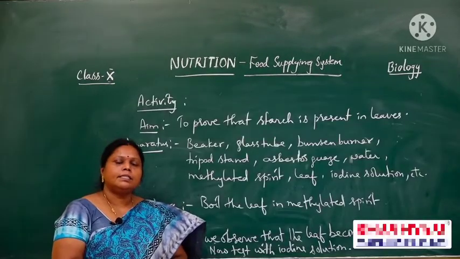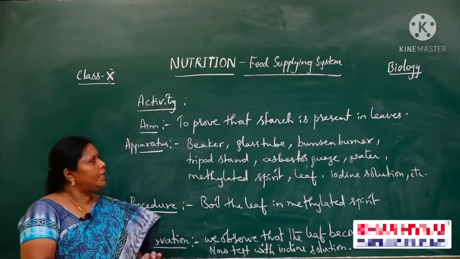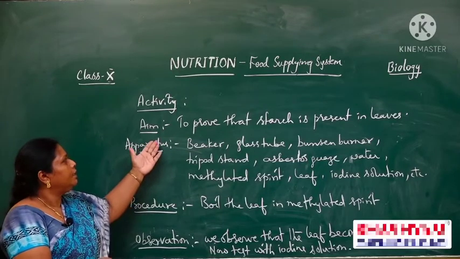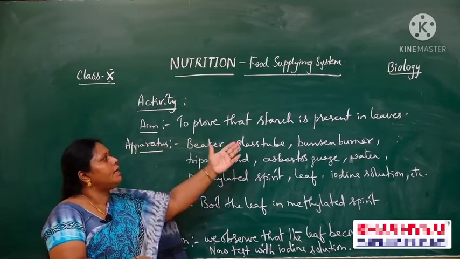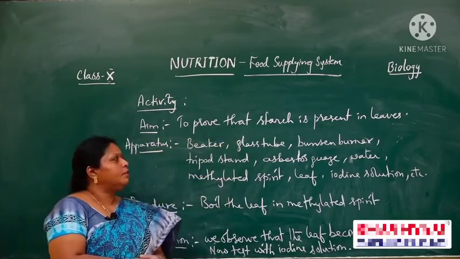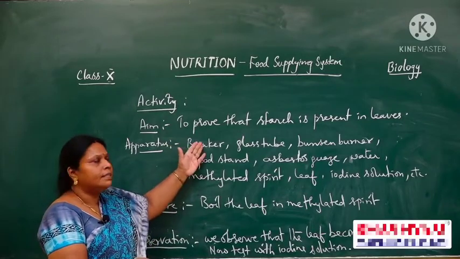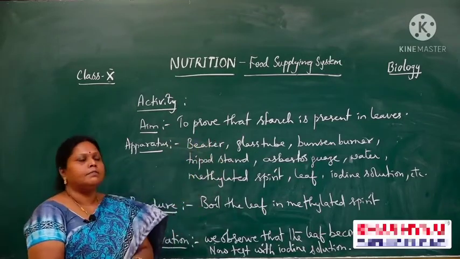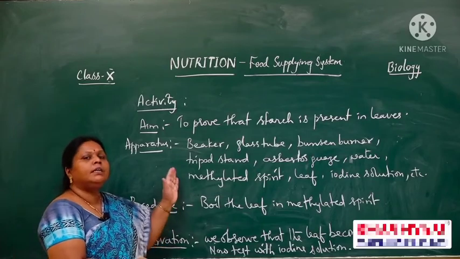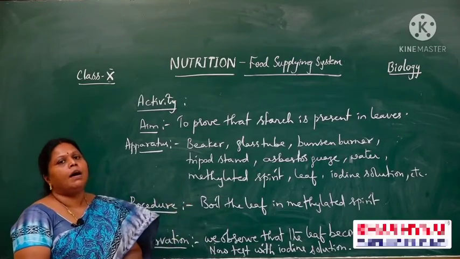Now let us discuss the activity. What is the aim of our activity? The aim is to prove that starch is present in leaves. For this activity, what are the apparatus required?